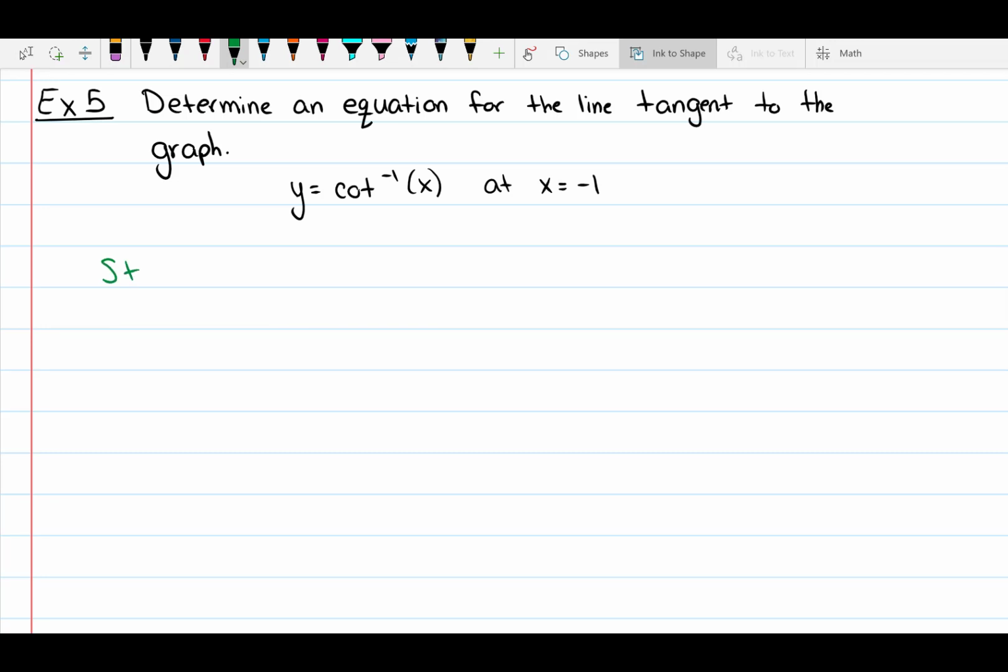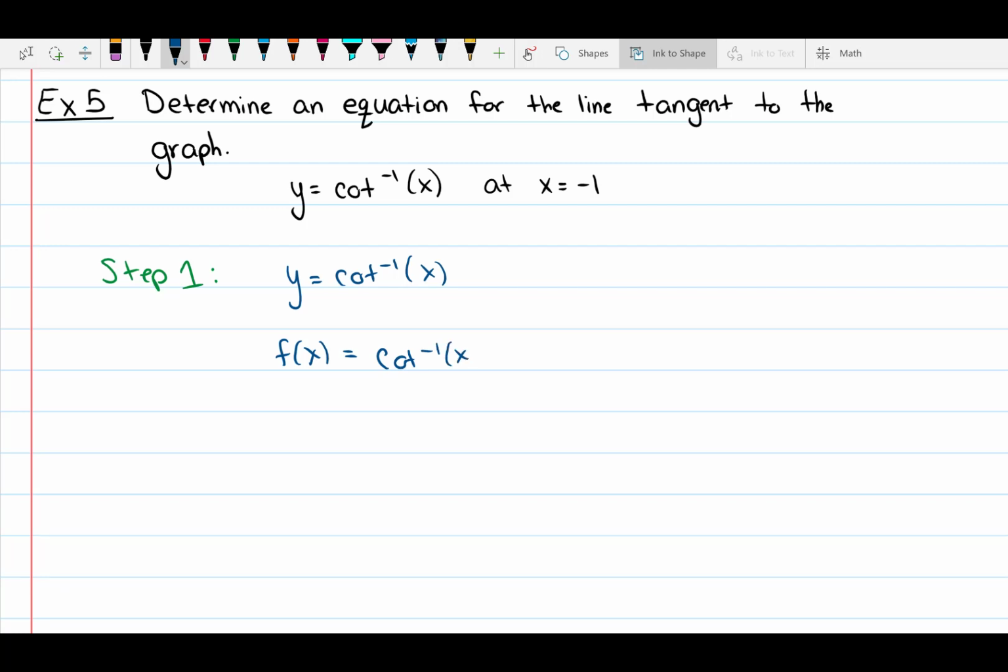Step 1 is that we're going to find the corresponding y value to this x value. So we have y equal to cotangent inverse of x. If you know what cotangent inverse of -1 is, you can just do this right away. But personally, it's easier for me to do a little bit of work and then deal with tangent.